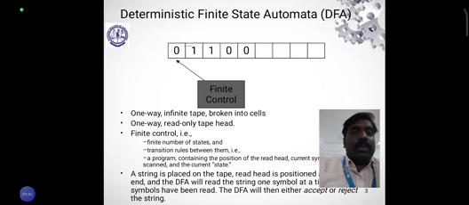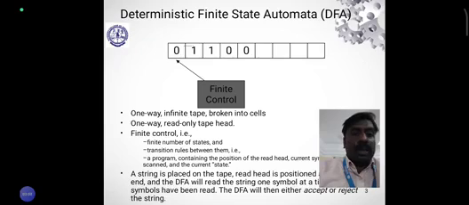The automata has an input tape. Here the input tape is represented with a string placed on the tape, that is 0, 1, 1, 0, 0. Also it has a finite control. That finite control will manage and manipulate the input strings. It is a one-way read-only tape head.